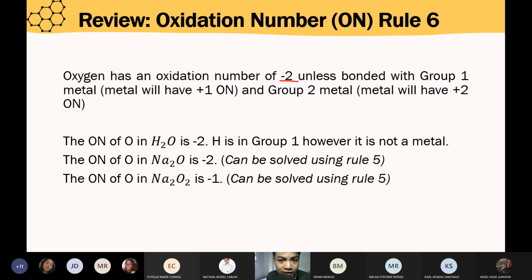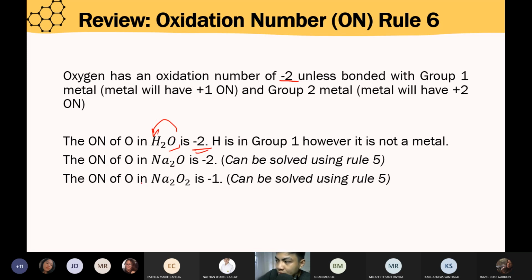If oxygen is bonded with iron, which is a transition metal, the oxidation number of oxygen is negative 2. But when you pair it with a group 1 metal, it can change. For example, if it is bonded to hydrogen, which is a non-metal, it is automatically negative 2.